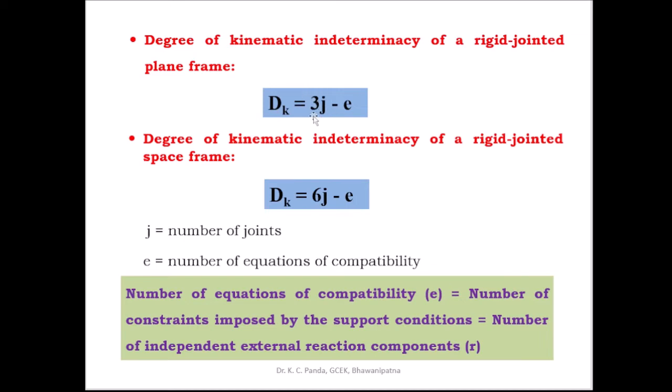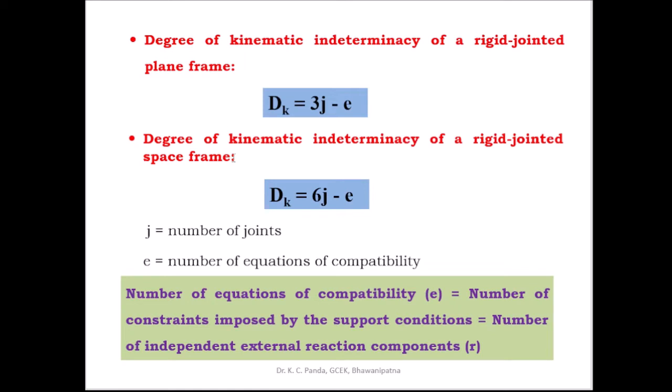So Dk is equal to 3j minus e, where 3 is the number of independent displacements at each joint, j is the number of joints, and e is the number of compatibility equations.